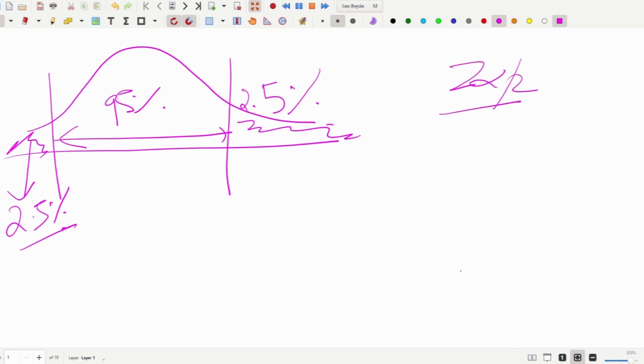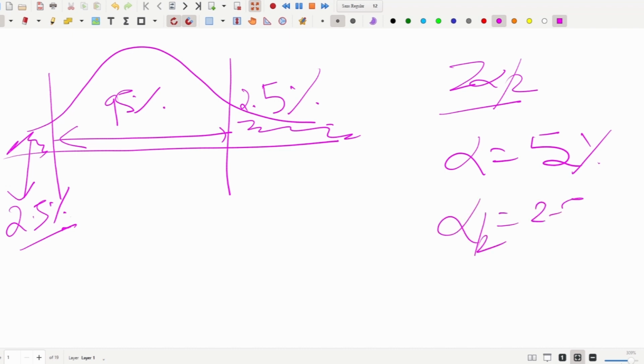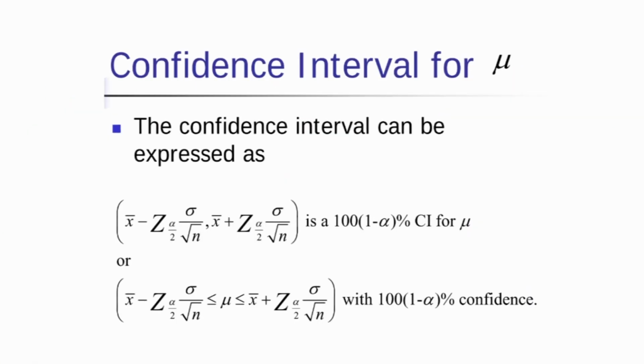Alpha, as we talked about earlier, is the amount of error we will tolerate in our sampling. Alpha generally is 5%, so alpha by 2 is 2.5%. Therefore, it is Z alpha by 2.